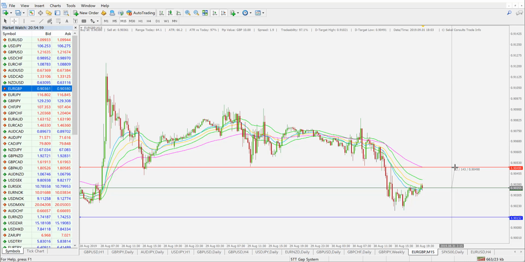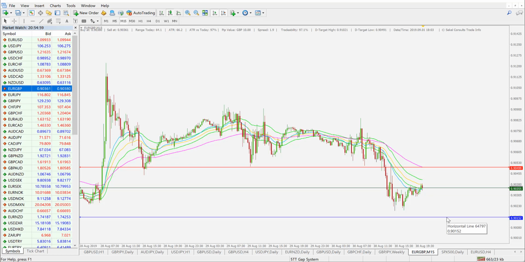And you can see it says 143, but that is 14.3 pips in this case, right? 14.3 pips is the stop loss, so let's note that down. 14.3 pips, and the take profit, same thing, will be 20.2. Take profit is 20.2.